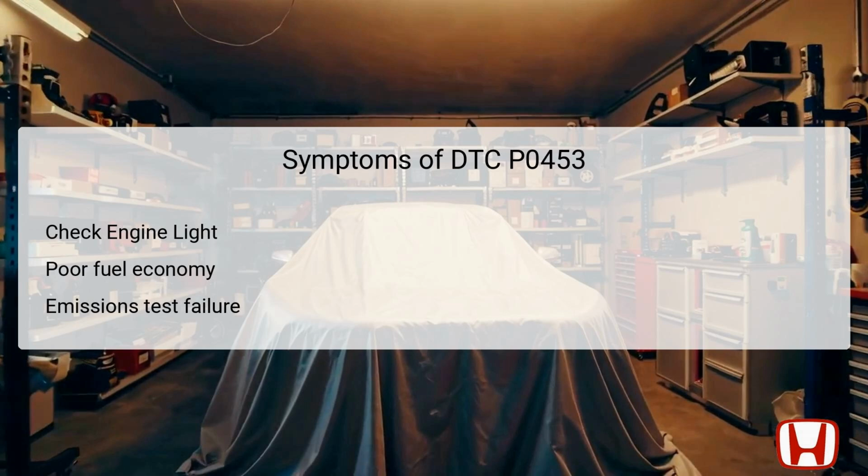Moreover, if the FTP sensor issues are not resolved, the vehicle could possibly fail an emissions test due to increased hydrocarbons in the exhaust. Awareness of these symptoms can help drivers recognize and address potential problems early, preventing more severe vehicle issues in the future.